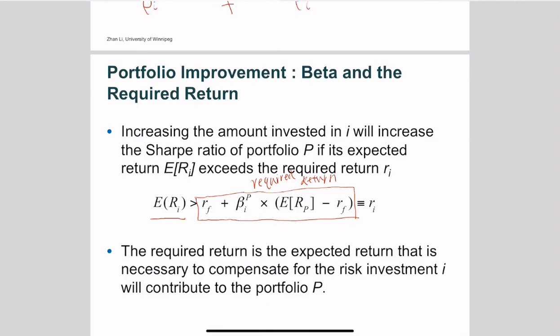And similarly, if the expected return of investment I is smaller compared with its required return, then reducing the amount invested in investment I will make your portfolio P more efficient.